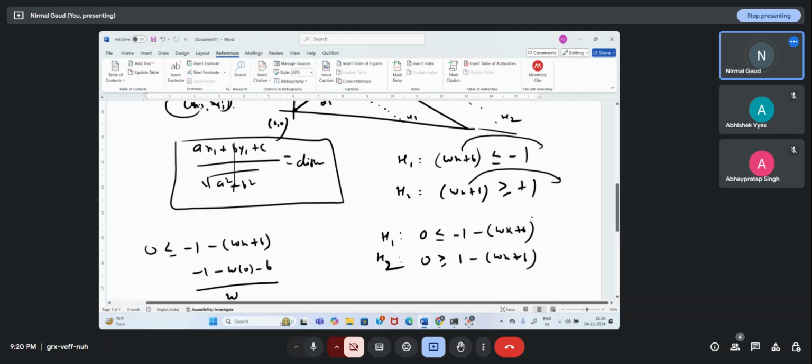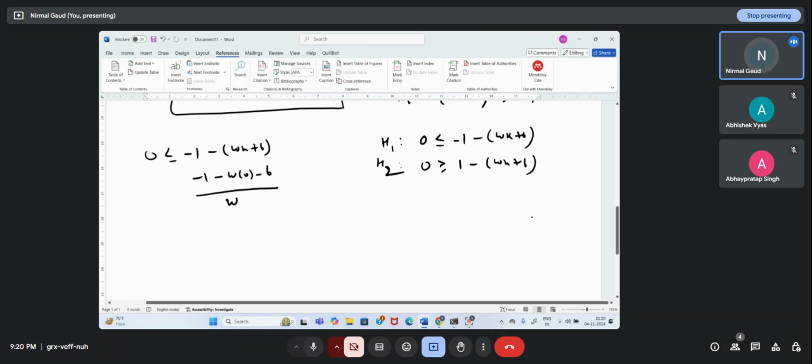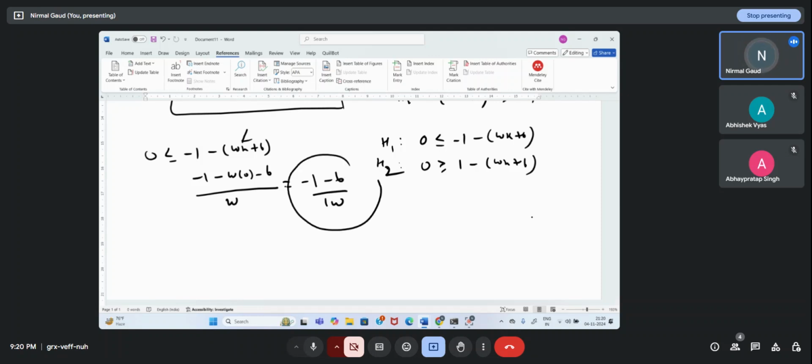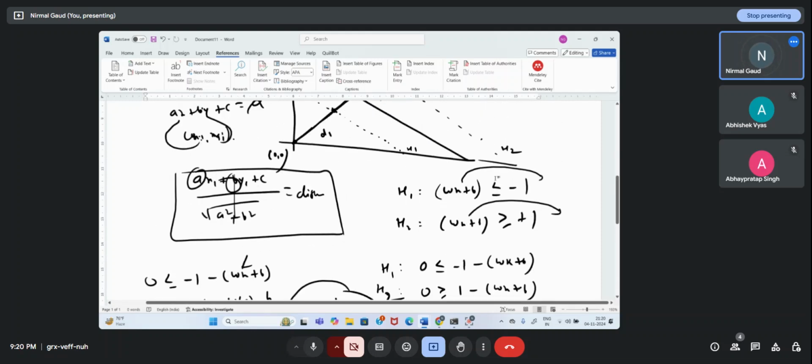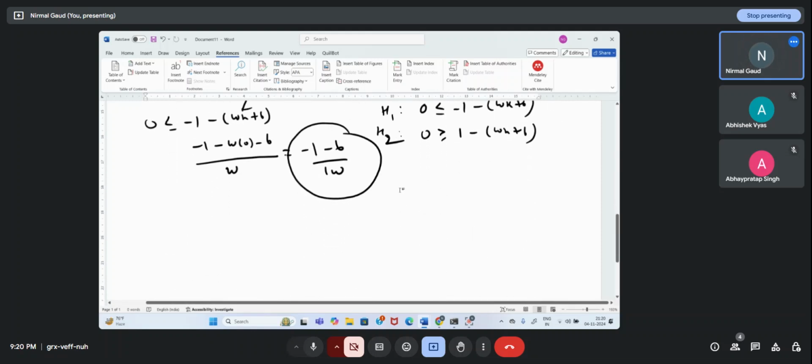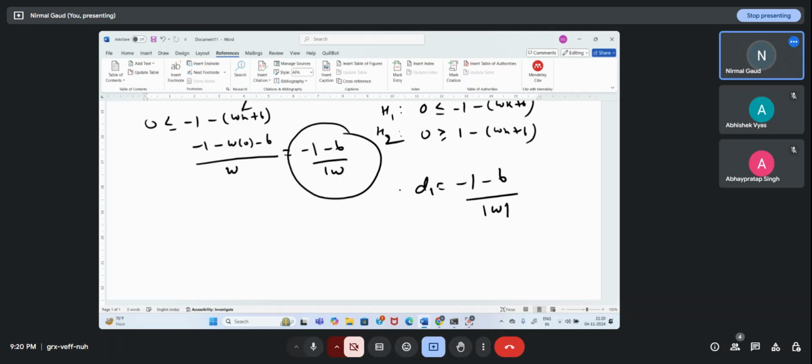Just check it here. The sum of squares of the coefficients of x and y is calculated here. I don't have any y, I am having only x. So square root of w square is w. So it will be minus 1 minus b upon w. So this is the distance d1. So d1 is equal to minus 1 minus b upon w.